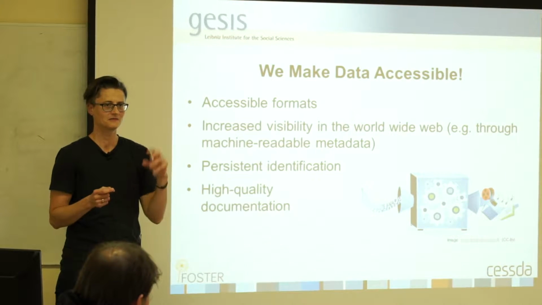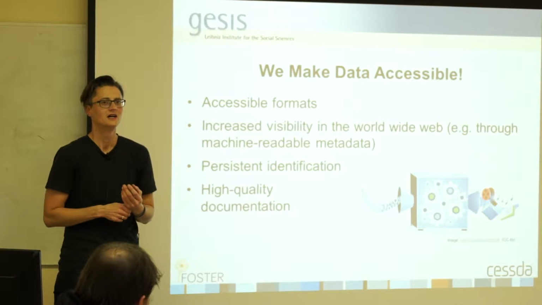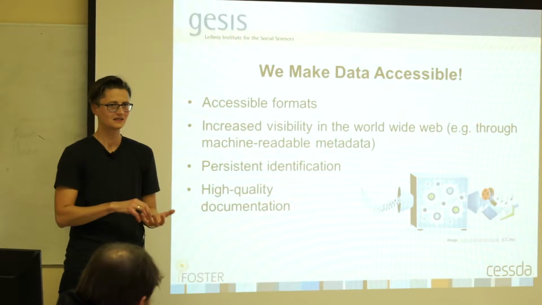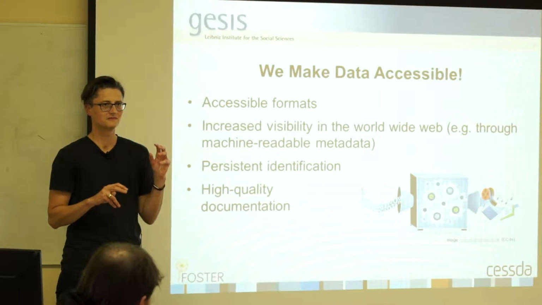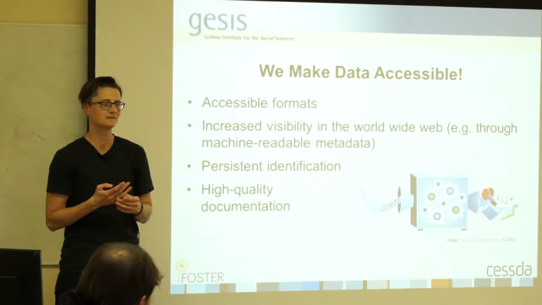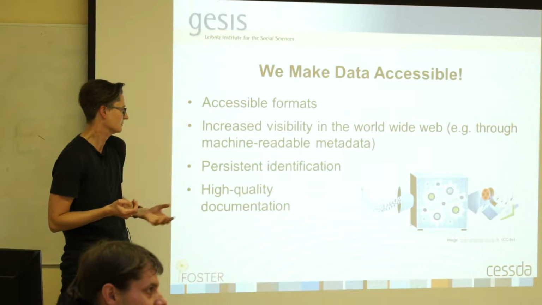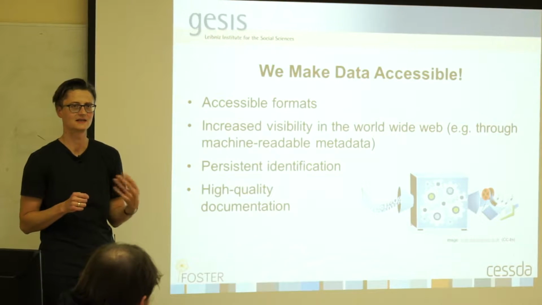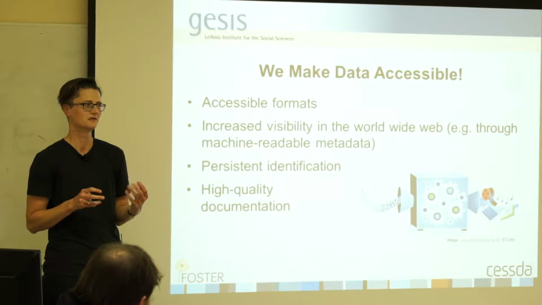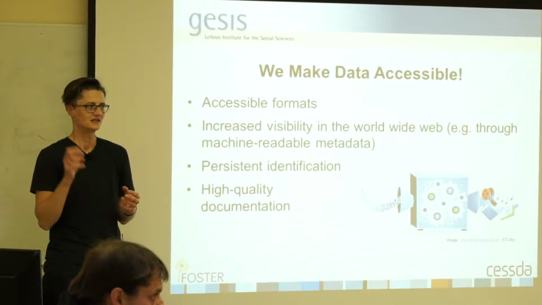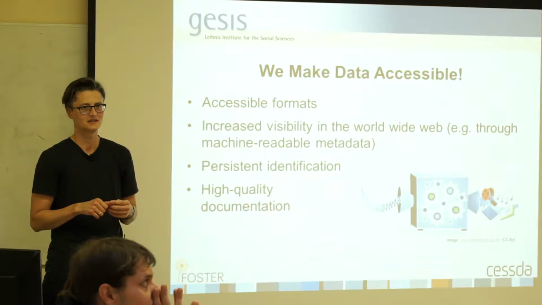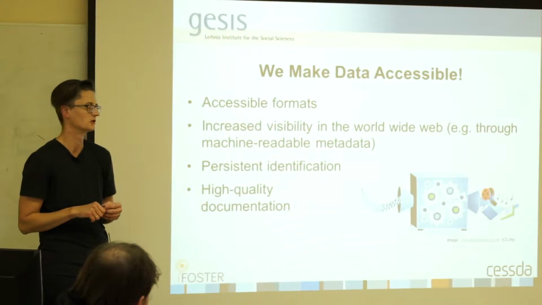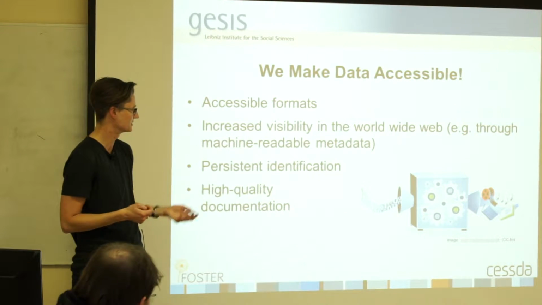So if you have this identifier, you can always reach the data, and you can always find more information about the data. And of course, the persistent identifiers also help in making the data citable. So if someone reuses the data, they can cite the data and the original author using the DOI number or another persistent identifier.